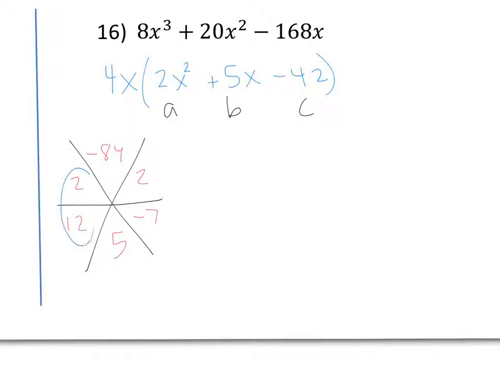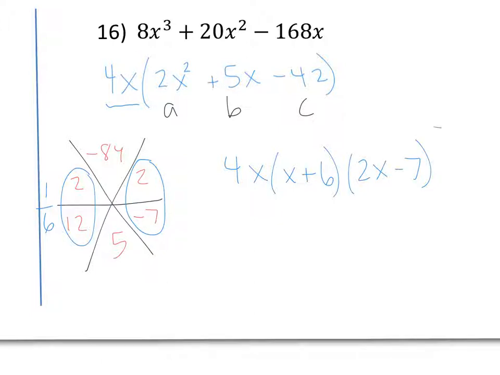Again, I look at my two side fractions of my factors and see if I can simplify. 2 over 12 simplifies to 1/6. 2 over negative 7 cannot be simplified. So my factors are, and I'm not going to forget to write this 4x in my answer, 4x times x plus 6 times 2x minus 7. And that is my answer.